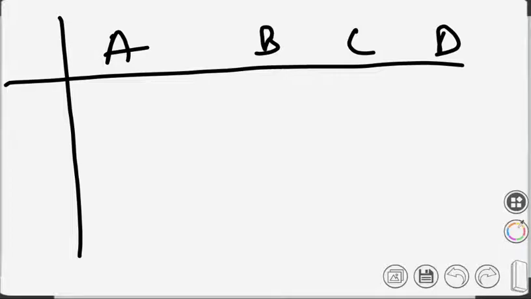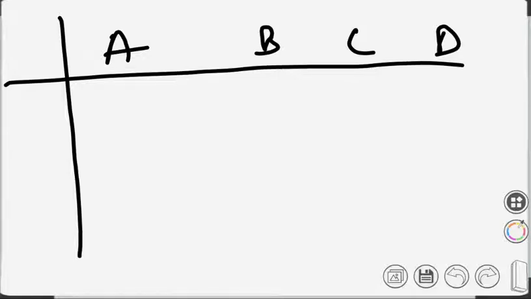You are trying to find out whether, and these values that I'm writing are, say, the mileage. For brand A, five tires have been chosen, and we try to find out the life, how many hours it lasted.